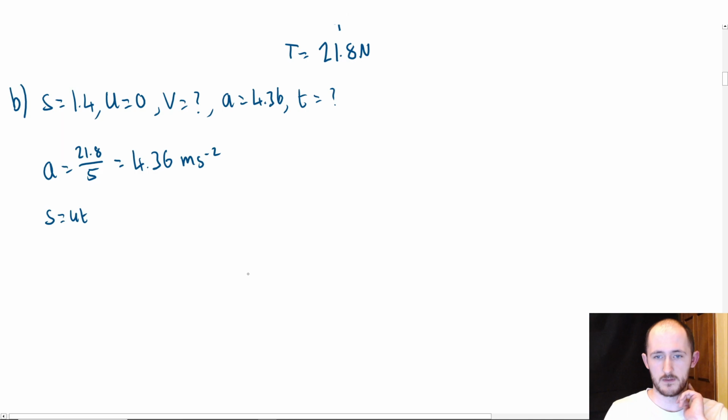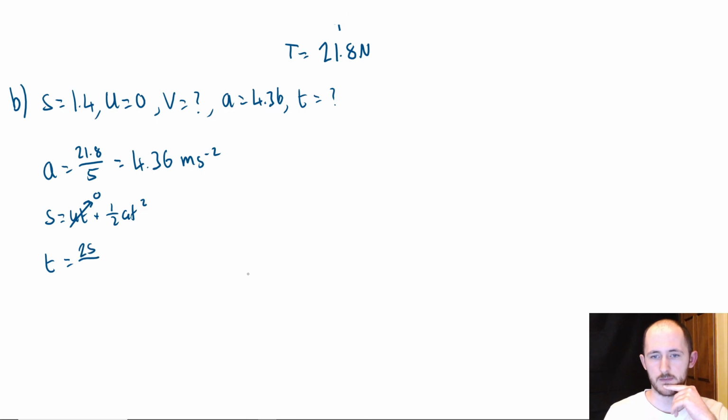Again, with free fall, we use this a lot, so you should be used to this one. U is 0, so that whole first term is going to be 0. Now we're just rearranging for t. So t is just equal to 2s over a, square rooted.